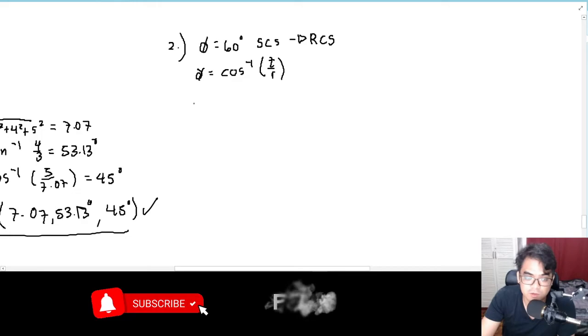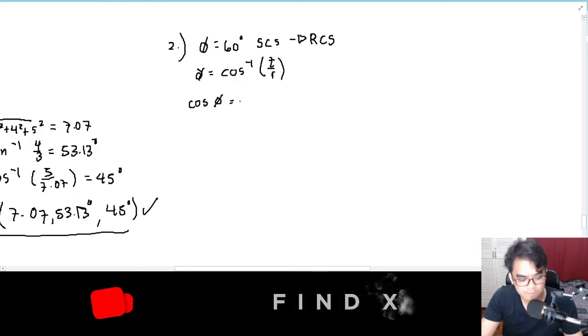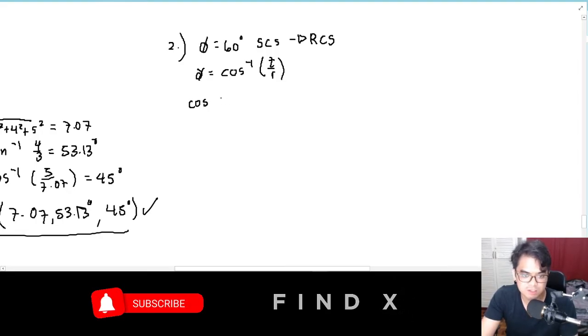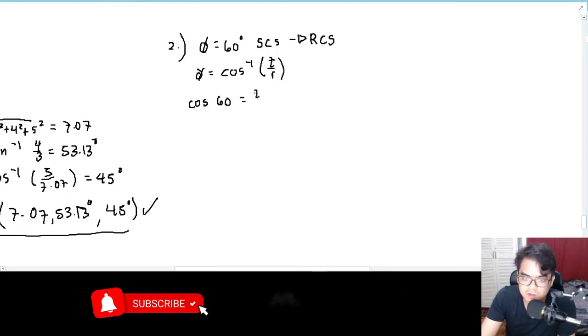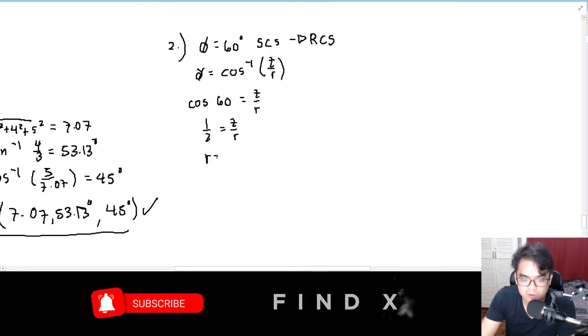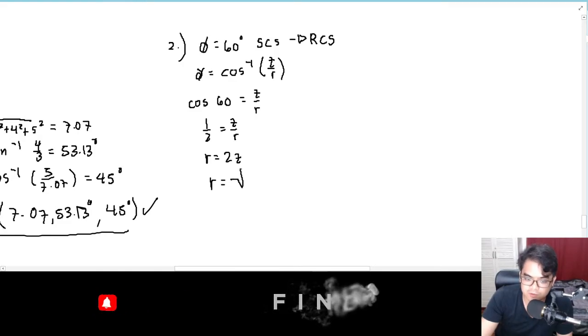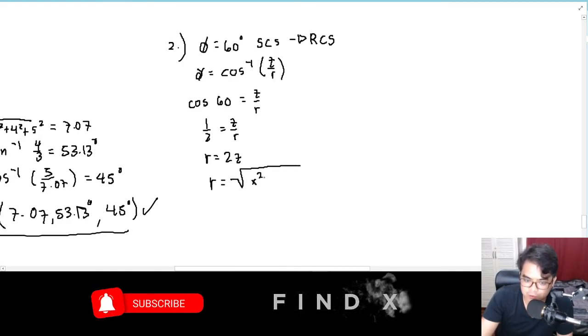If you take the cosine of both sides, you'll have cosine phi, but phi is actually 60. So cosine 60 equals z over r, or 1/2 equals z over r, so r is equal to 2z. But we know that r in spherical coordinates is the square root of x squared plus y squared plus z squared.